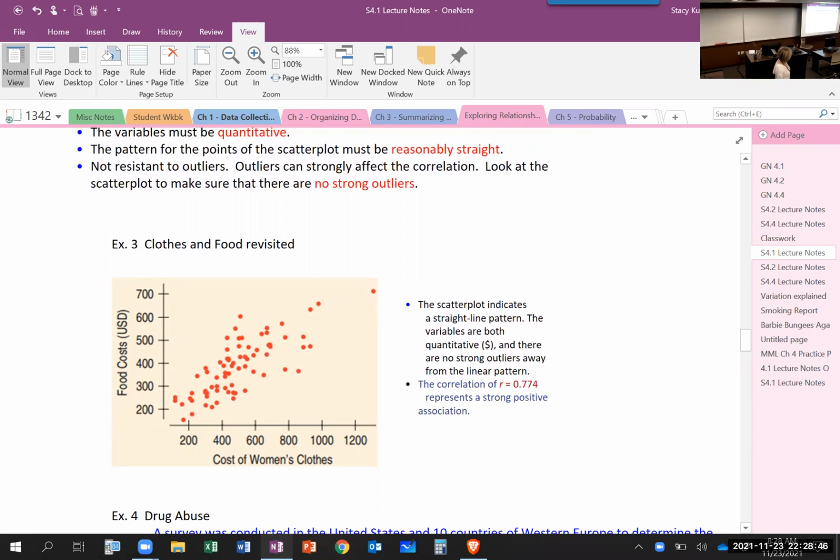When we use technology, because any software program out there, your graphing calculators, Excel, any statistical package, is able to calculate this correlation coefficient, we'll find that R for the relationship here is 0.774. That's the number that technology gives us.